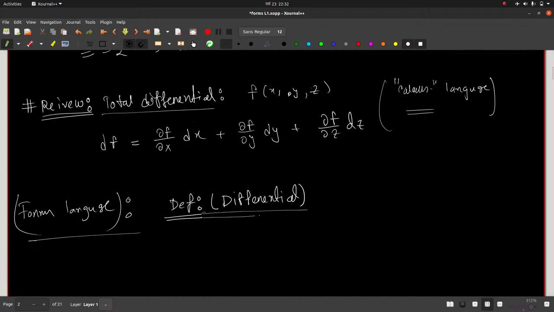So the definition for a total differential, or a differential if you want to call it, will be the following. Let there be some function f on the manifold, that means it takes input from the manifold, the points, and it maps them to a real number.